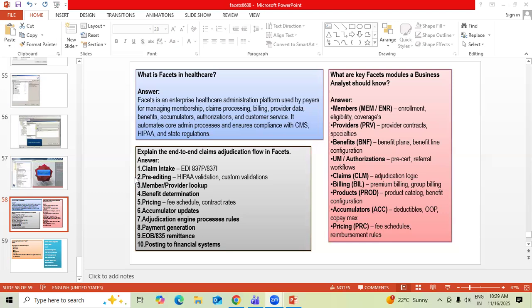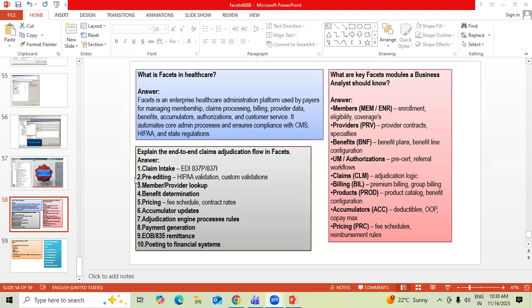Right. First of all, these are the basic questions we come across when applying as a Facets BA or a configuration analyst. The basic question is: what exactly is the Facets application in healthcare? Normally, Facets is one of the core healthcare administrative applications widely used on the payer side. Normally in healthcare we have two: one is the provider, the second is the payer.